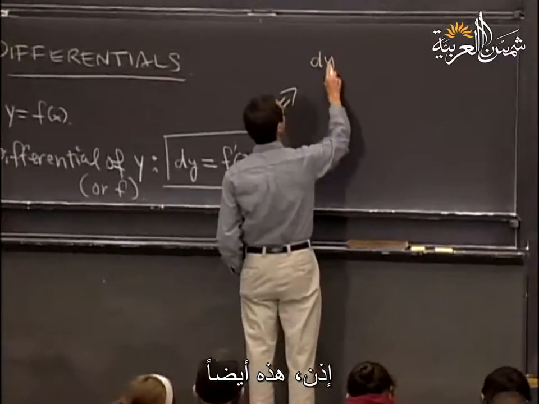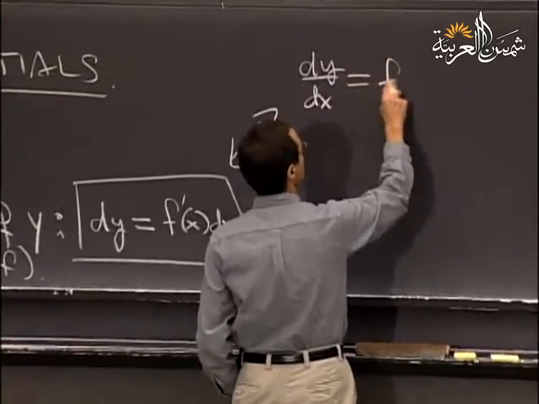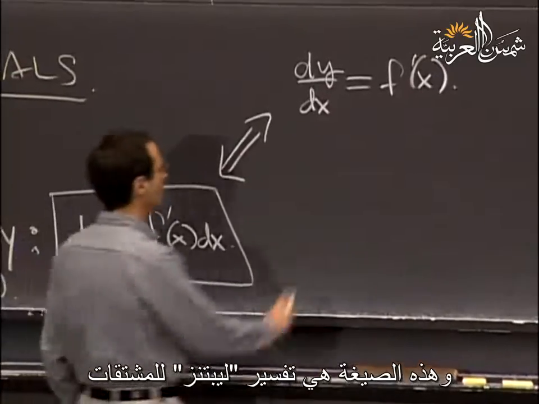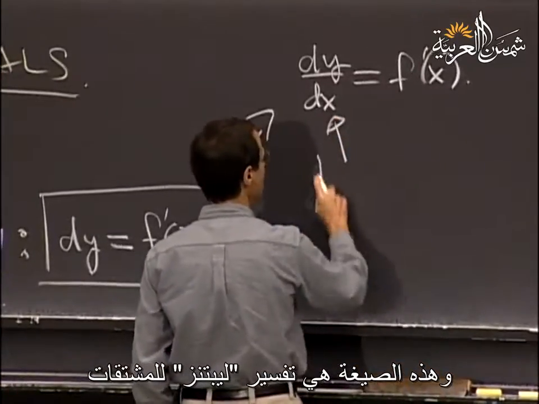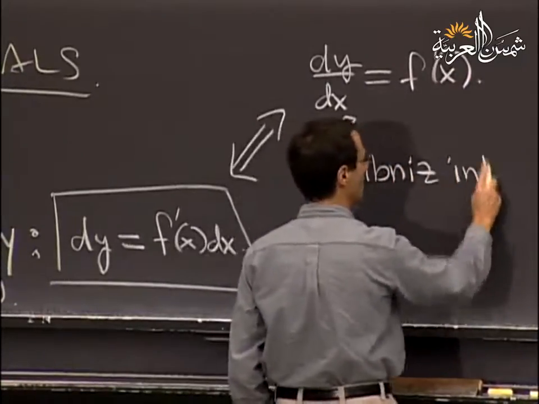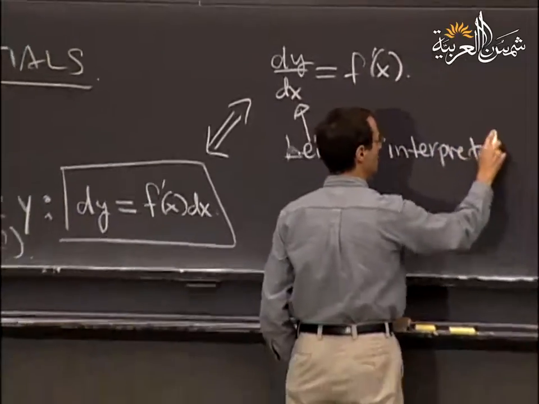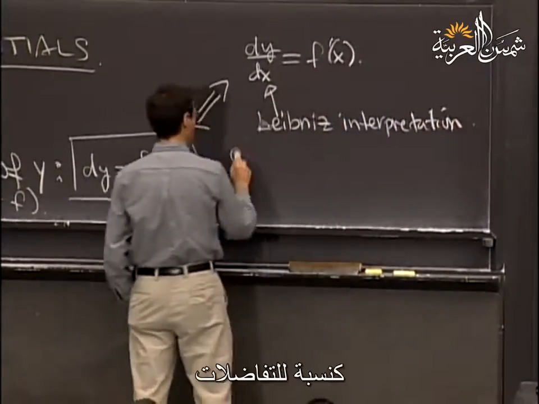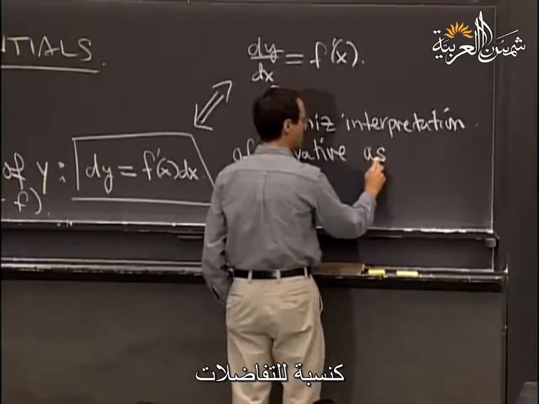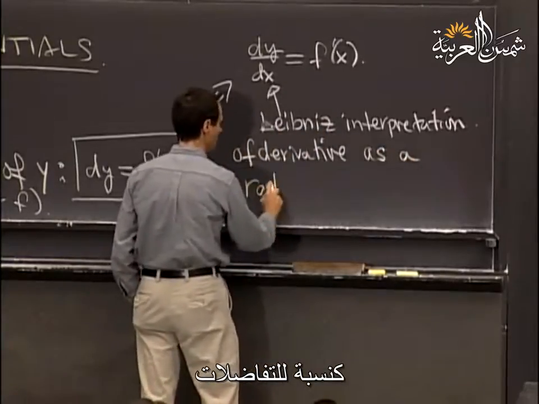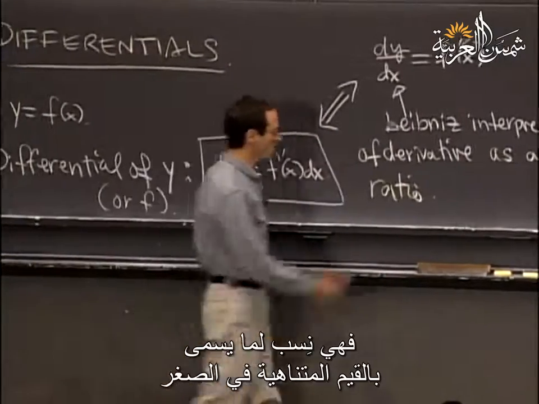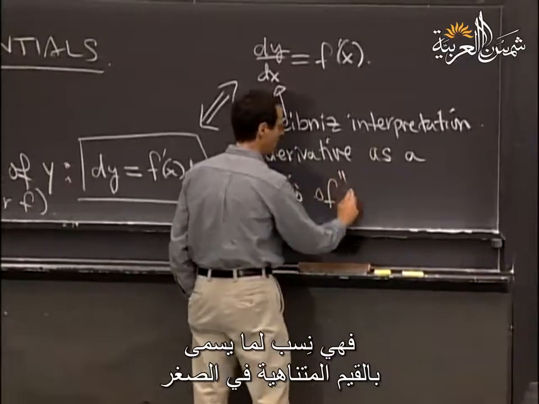So it means the same thing as this statement here, and this is more or less the Leibniz interpretation of a derivative as a ratio of these so-called differentials. It's a ratio of what are known as infinitesimals.